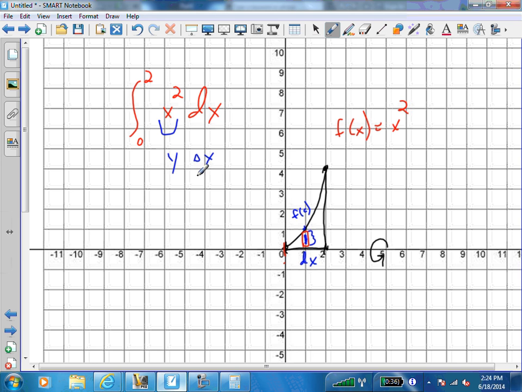But if we take that same sample element and rotate it, it turns into a disk. So let's see if we can draw that.